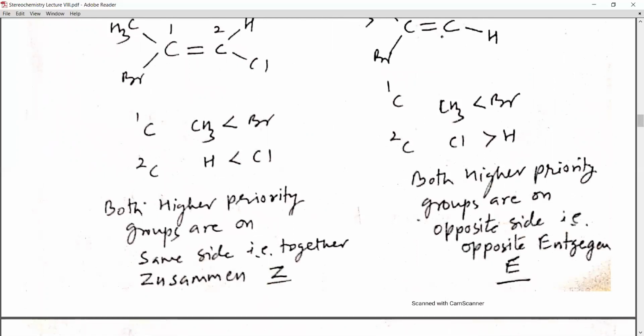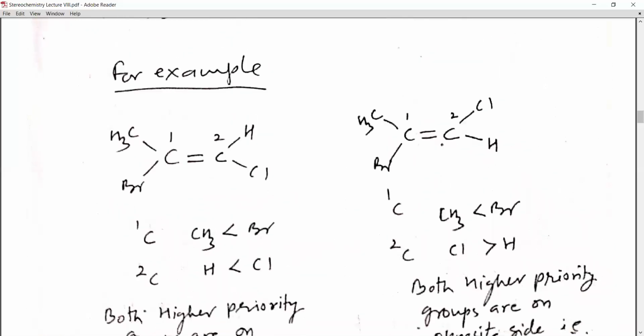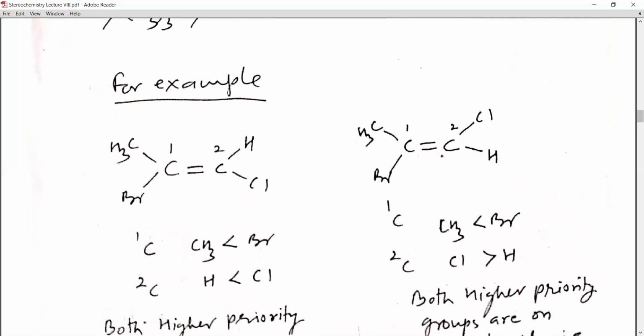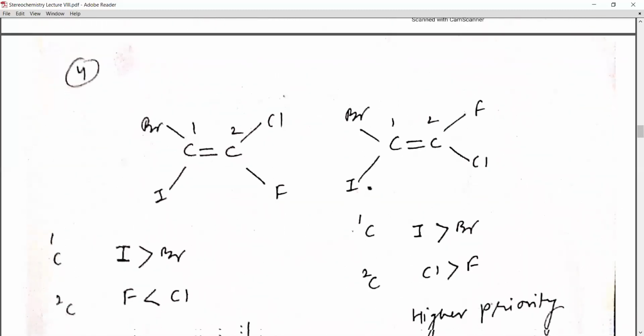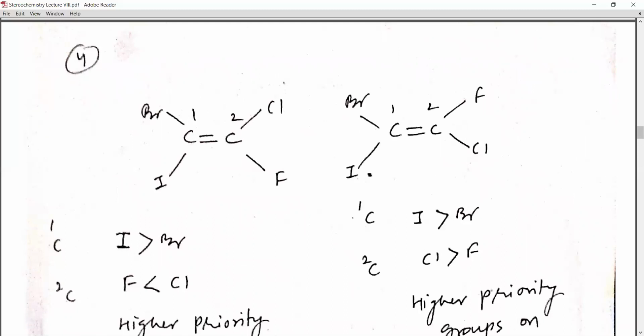Whereas in this molecule, on C1 carbon the higher priority group is bromide, and on C2 carbon the higher priority group is fluoride. Both are on opposite sides, meaning entgegen, so it will be named E. In this molecule, iodine has higher priority than bromide, and on C2 carbon, fluoride is prior.